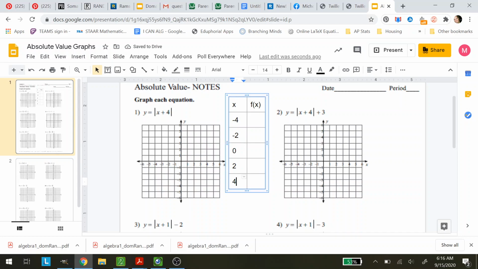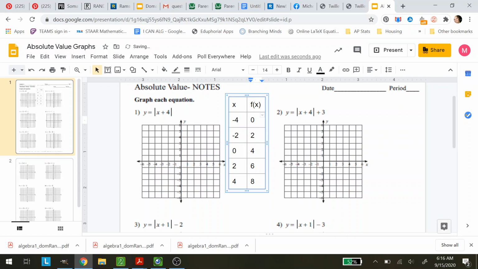And that's pretty simple. So if I plug in 4 right here, I'm going to get the absolute value of 8, which is 8. If I plug in 2, the absolute value of 6 is 6. Plug in 0, absolute value of 4 is 4. 2, absolute value of 4 take away 2 is 2. And that would be 0.